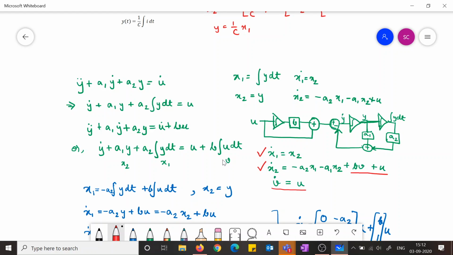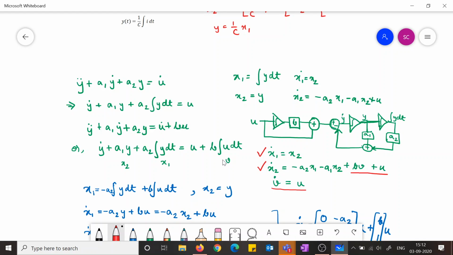So this is the state dynamics that I derive by considering x1, x2, and v as the integration of u dt.